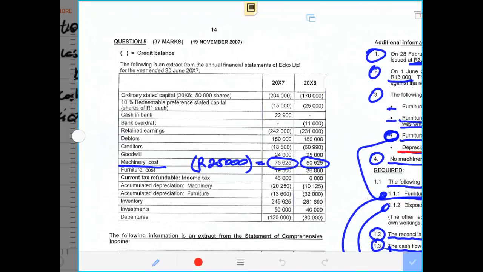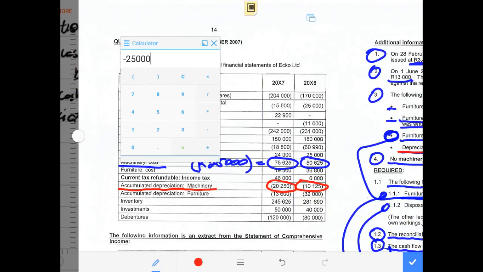Therefore, now under machinery we see that we have accumulated depreciation for machinery. In the year 2006 it was 10,125, and in the year 2007 it was 20,250. So now we calculate the difference between the two, and the difference between the two accumulated depreciations will give us the depreciation for the current year for machinery.